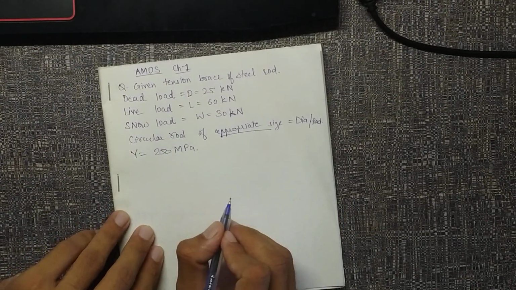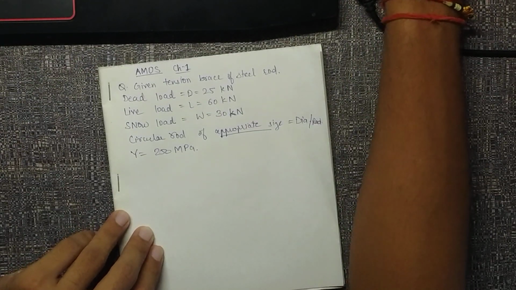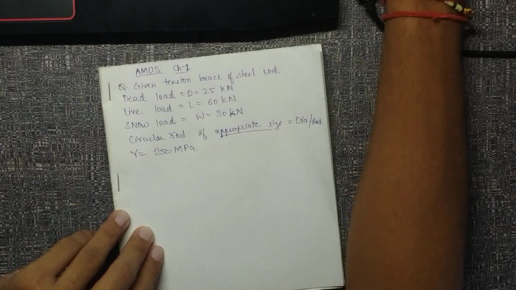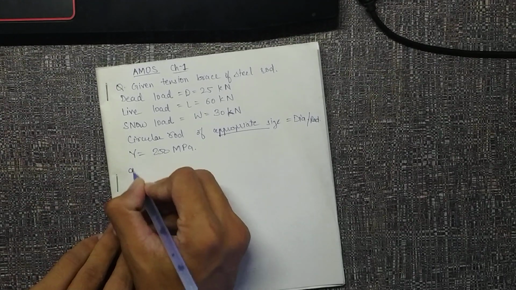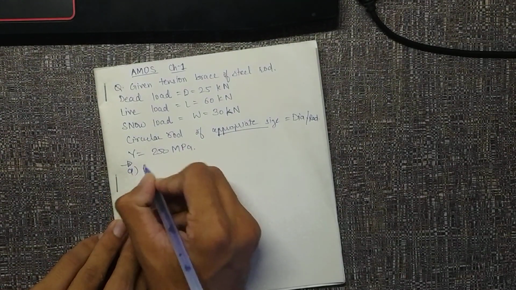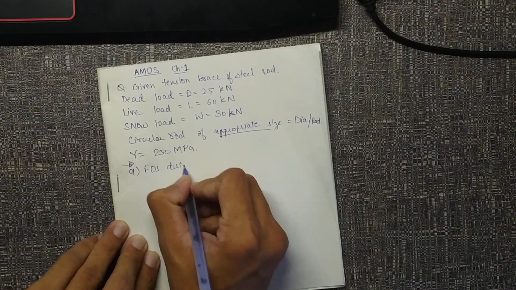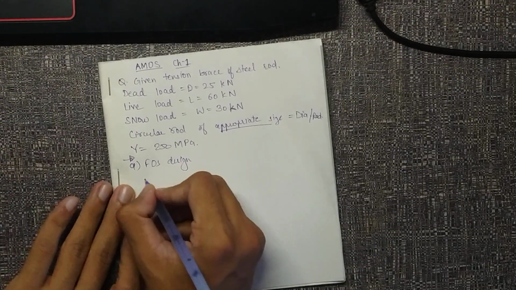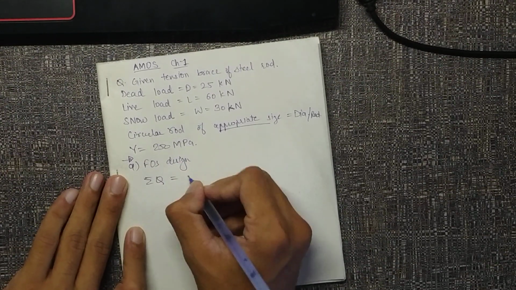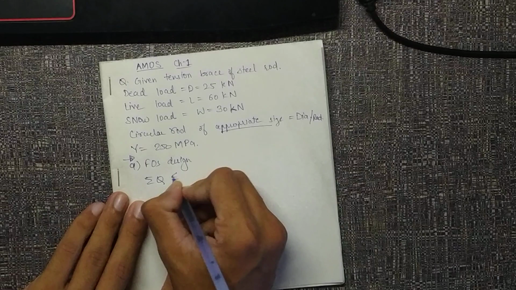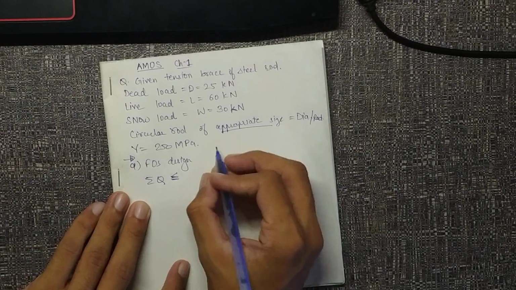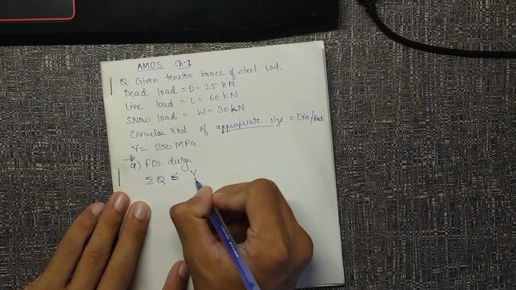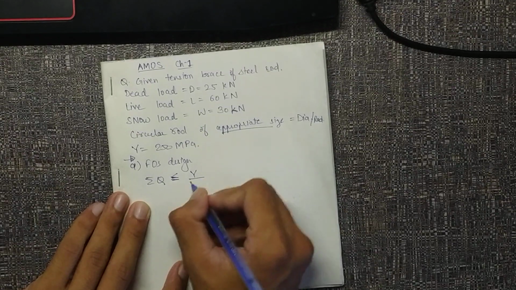So we need to use factor of safety design first. So first way, factor of safety designing. So total load should be less than or equal to the yield strength divided by the factor of safety.